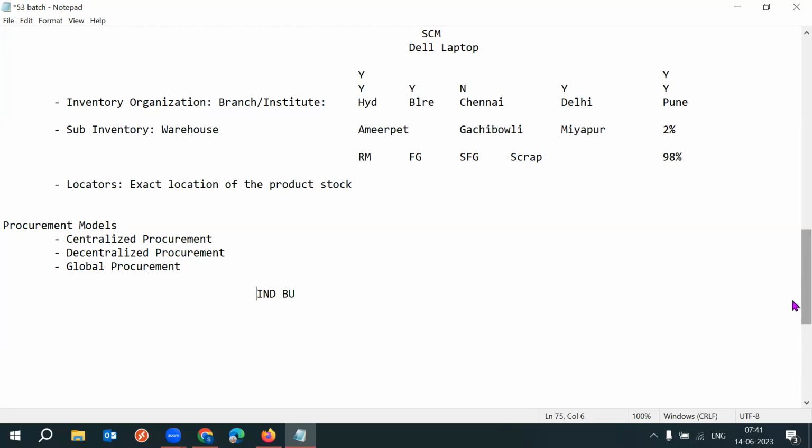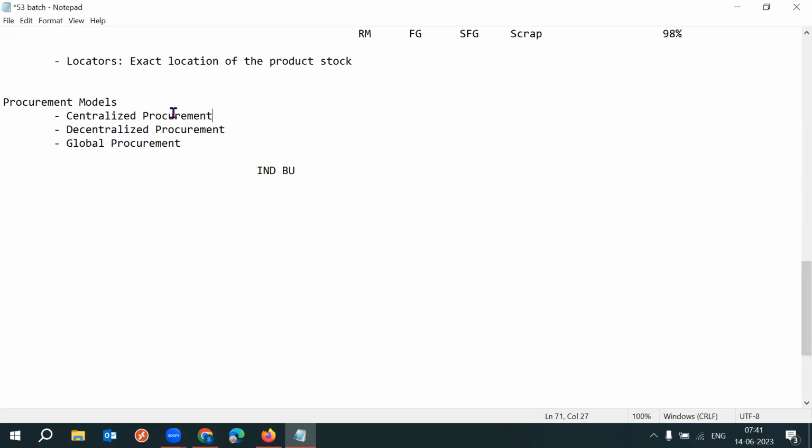Okay. And I'm talking about centralized procurement now. Let me put a heading here. You have US BU and you have India BU and Singapore BU and then China BU.